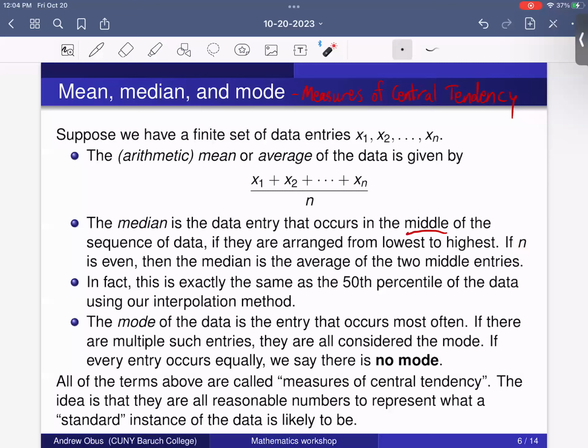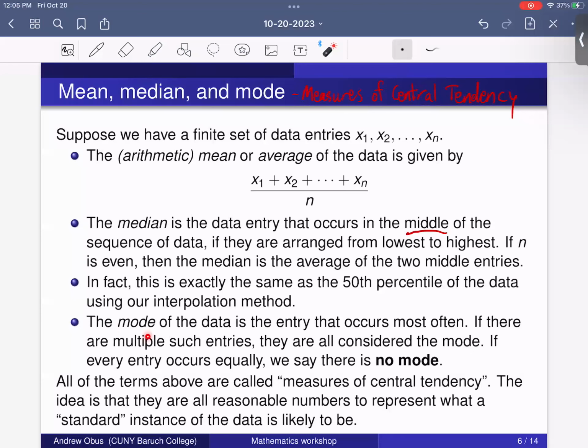And in fact, it turns out that the median is exactly the 50th percentile if you use this method we've been using. So if you use this interpolation method and you calculate the 50th percentile, it's going to exactly be the median.